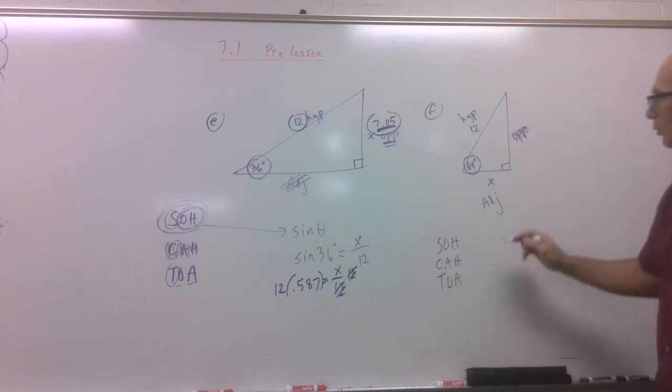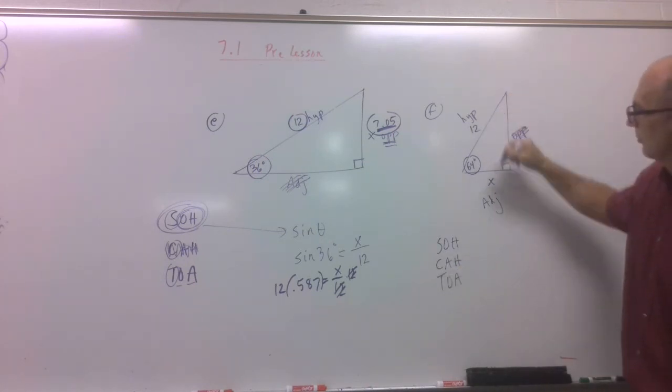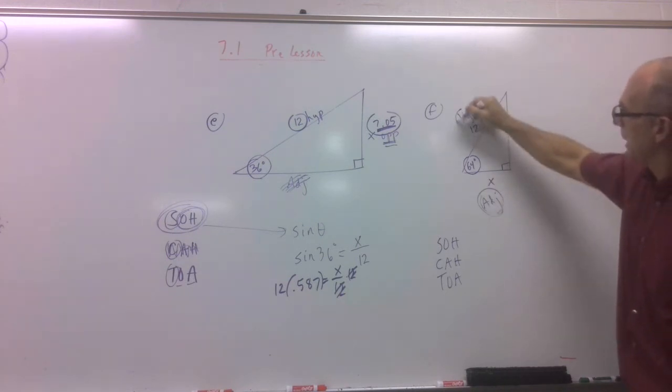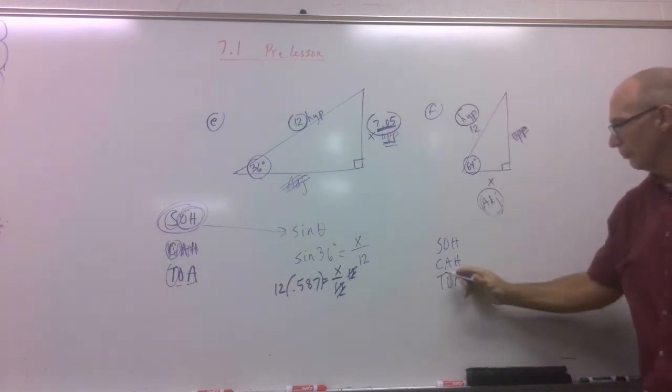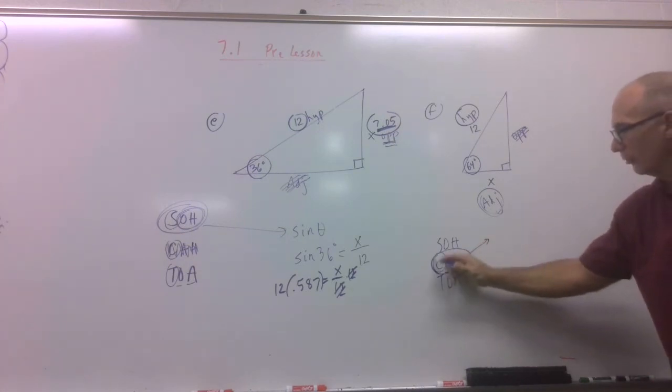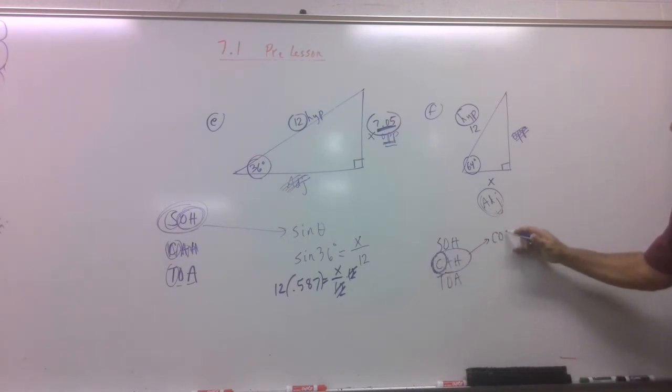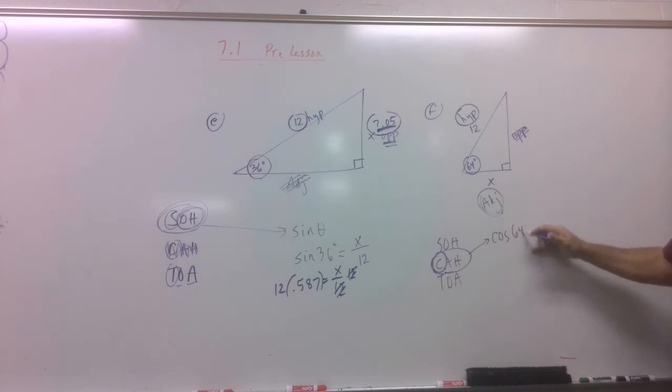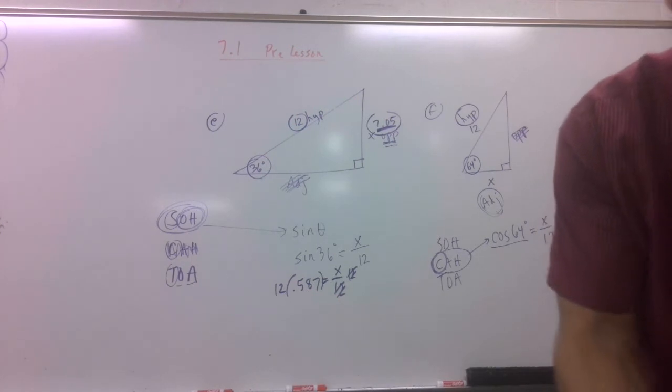And then I think to myself, okay, so CAH, which trig function uses my adjacent and my hypotenuse? It's right here. So I now know to use cosine. So cosine of 64 degrees equals the adjacent on the top, hypotenuse on the bottom, and now I got to use my calculator to figure out what that is. So here we go.